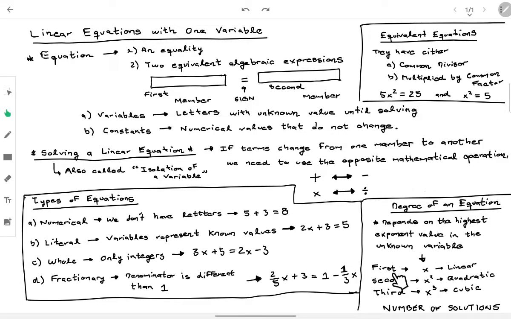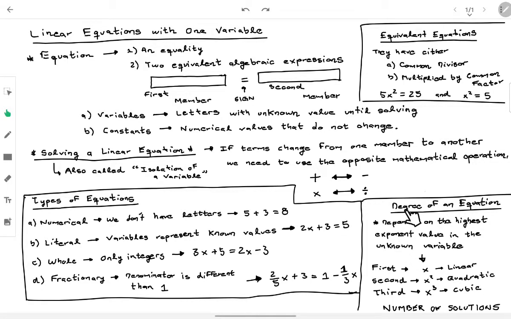The second degree equation, we will have x squared or any letter to the second power, and it will be called a quadratic equation. And if we have an exponent that is number 3, it will be a third degree equation, and it's also called a cubic equation.